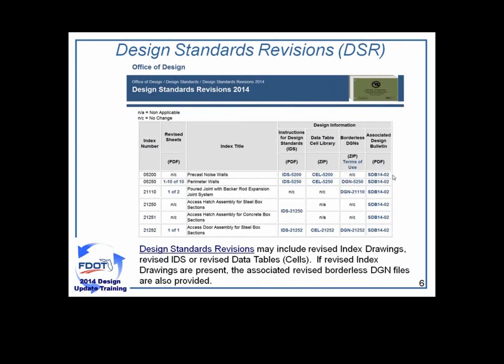The design standards revision page has only the revised contents on that sheet. It may contain revised sheets, revised instructions for design standards, revised data tables, and if it has a revised sheet, it will also contain the borderless DGN for the file that we have updated.